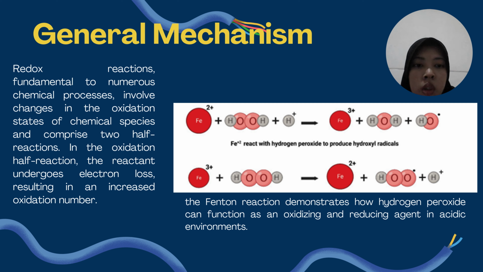Conversely, in the reduction half-reaction, the reactant gains electrons, which decreases its oxidation number. These reactions further involve oxidizing agents that facilitate oxidation by reducing themselves and reducing agents that promote reduction by being oxidized.